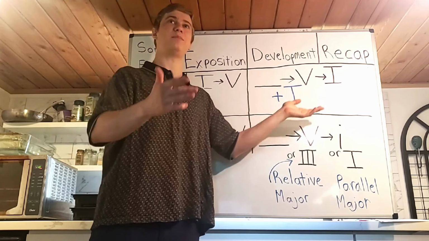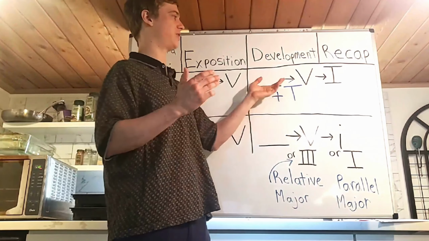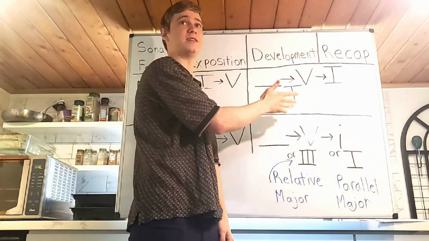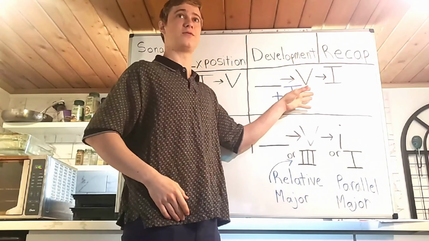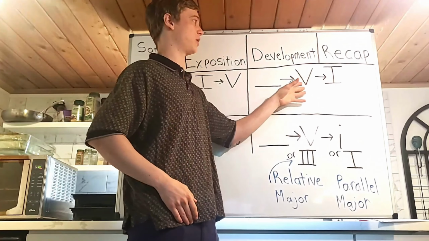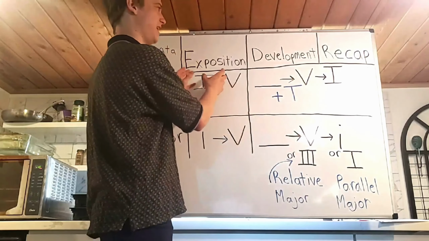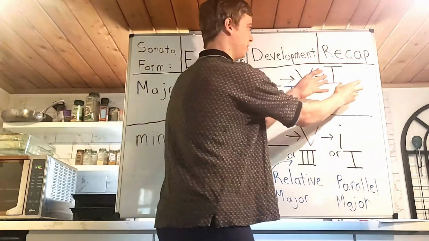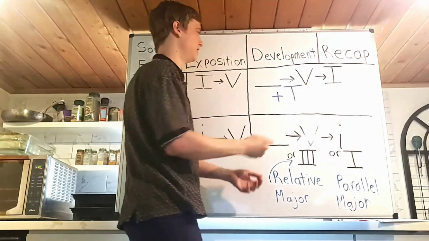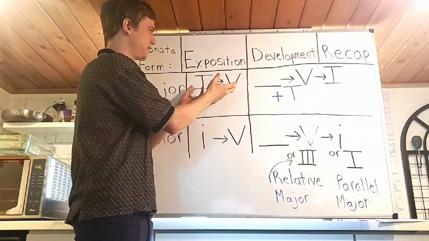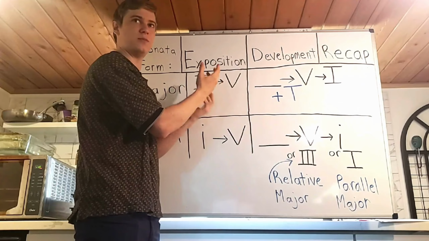Then from this established resolution of the tertiary key center, now it has to find its way back to the dominant key center, which will prepare us for the recapitulation, where we're going to have both of our groups from the exposition now returning in the recapitulation in our home key, instead of the conflicting keys that we were presented with from the beginning.